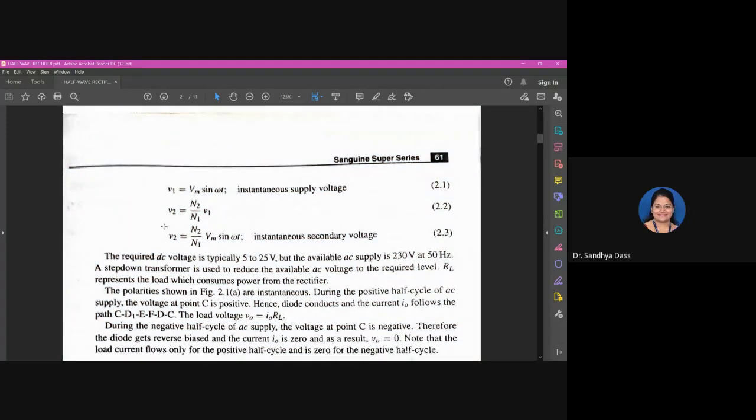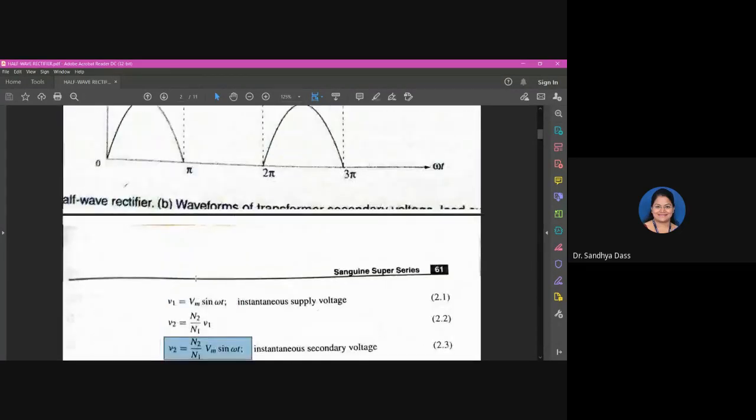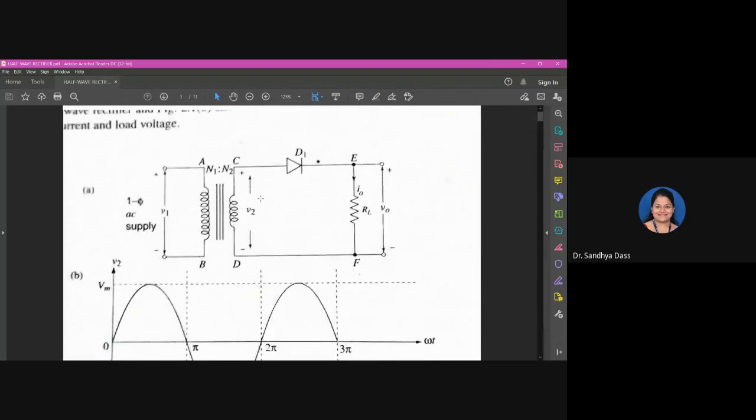Taking this relation, V2 is equal to N2 by N1 into Vm sine omega t, substituting V1. During the positive cycle, when C becomes positive, the diode will be forward biased and the current will flow in the path from C, D1, E, F, D and back to C, correct? So that will be the path of the current.